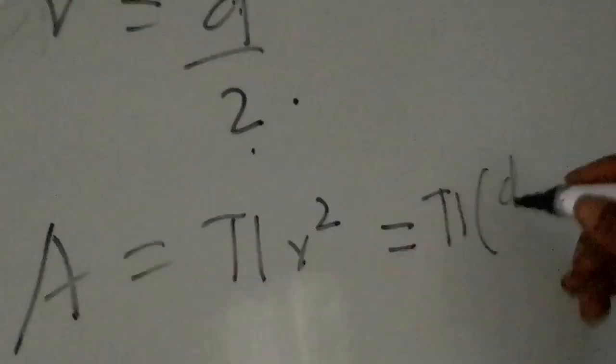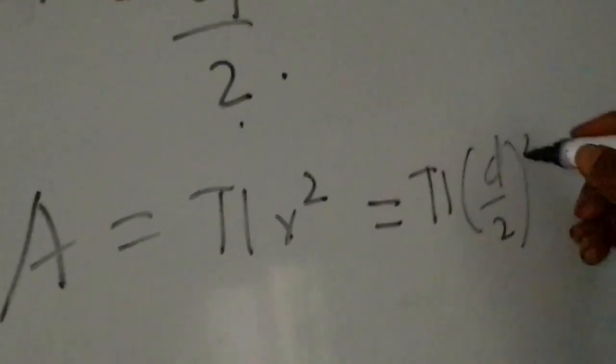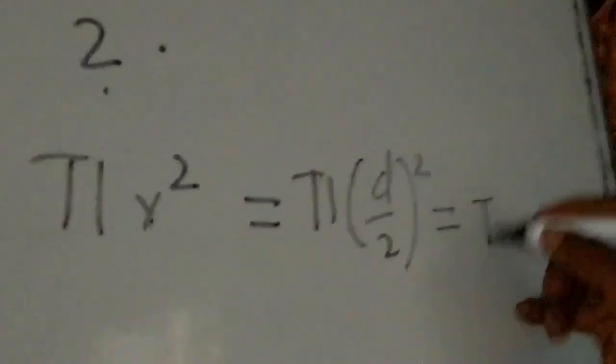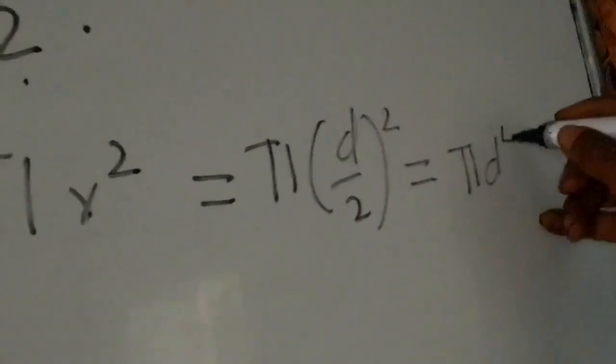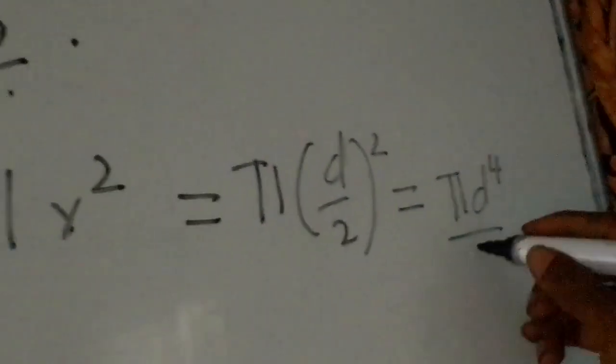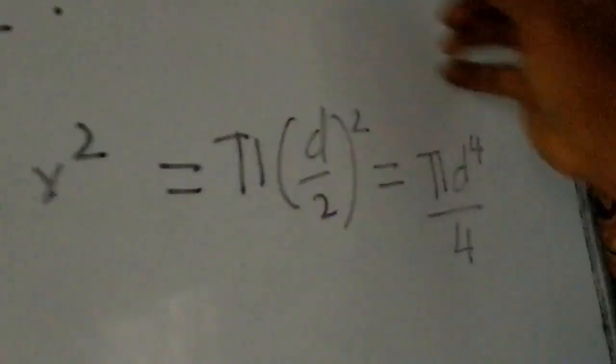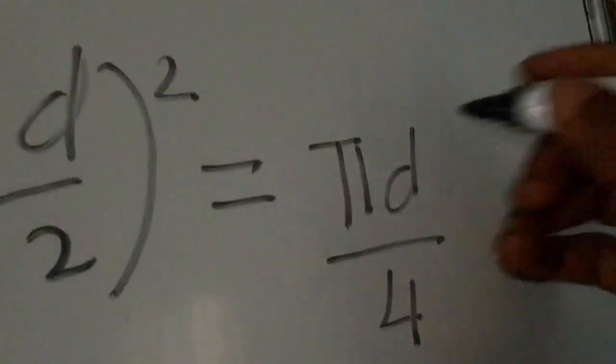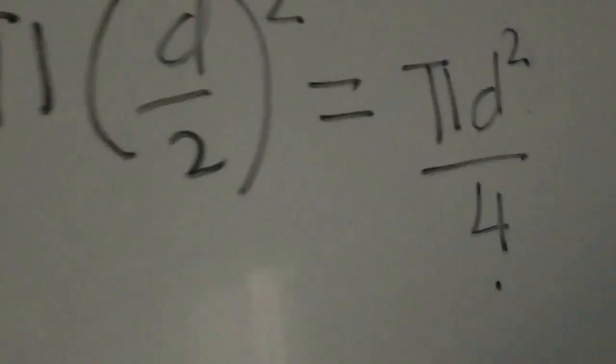We now have pi into d over 2 all squared. That is d over 2 times d over 2, which gives us d squared all over 4. So pi d squared over 4 is the expression for area.